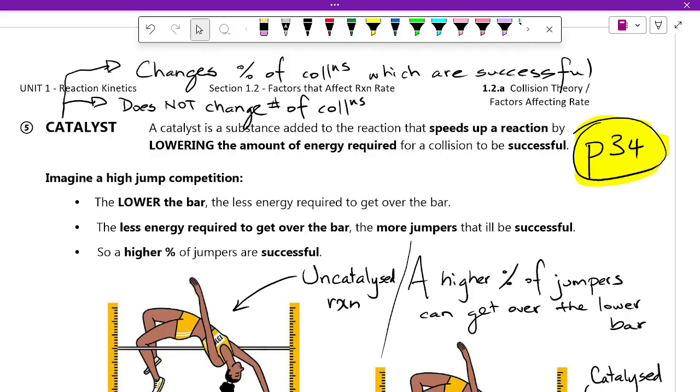How does it change the percent which are successful? It lowers the required energy, okay? And we say it provides an alternate pathway for the reaction that has a lower required energy.